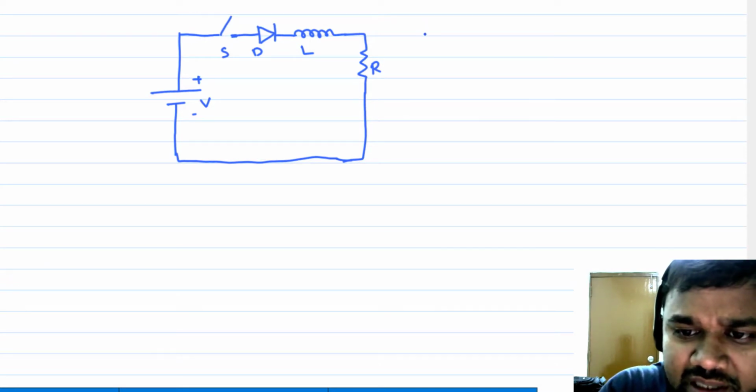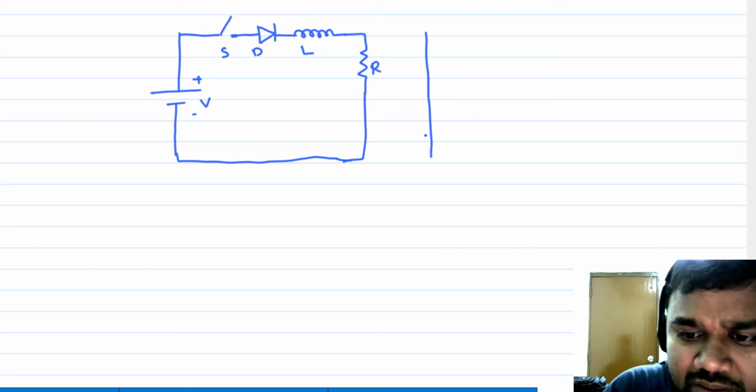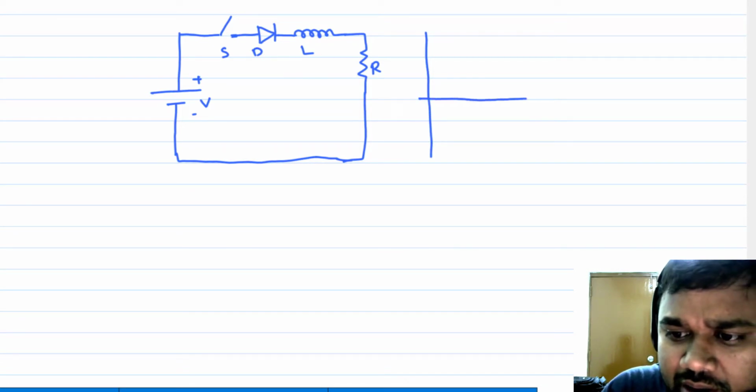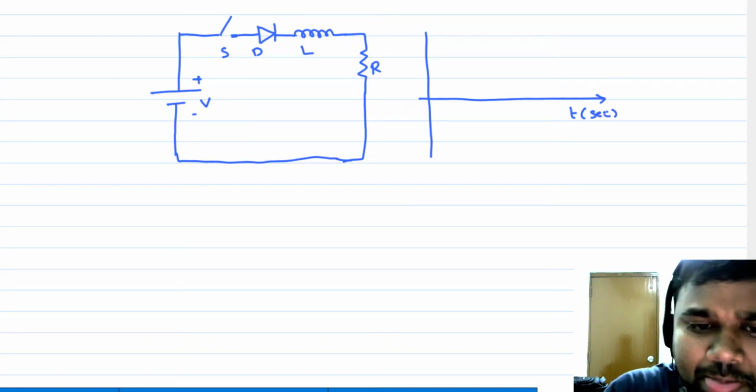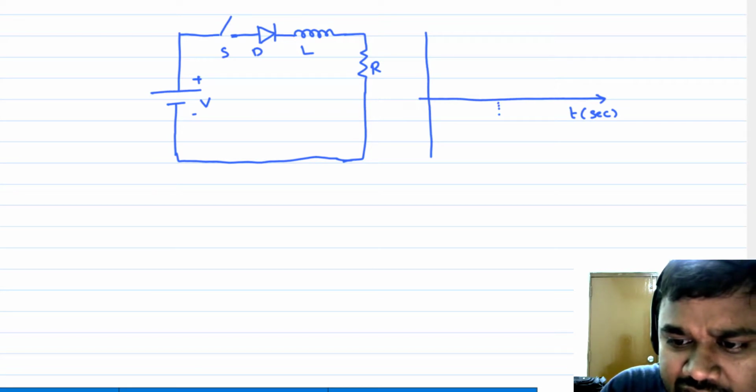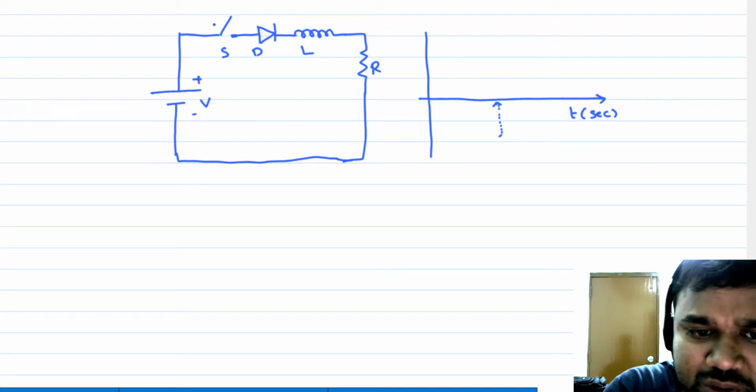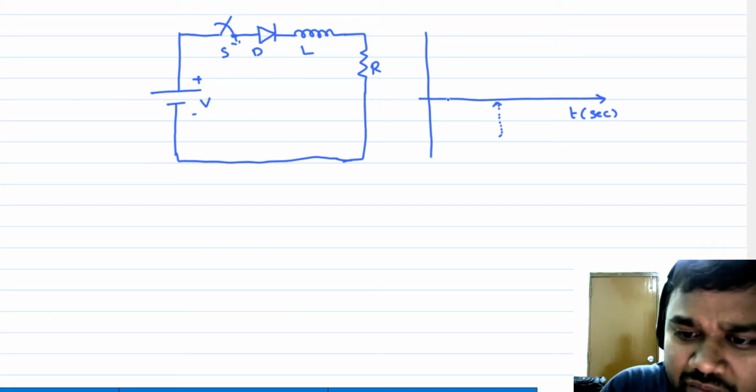Now we have already seen some cases where I am representing time in seconds. At this instant of time I am closing the switch, and I am assuming this is the current I in amperes. Till this point there is no current because the switch is open.